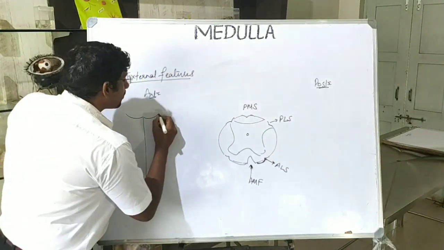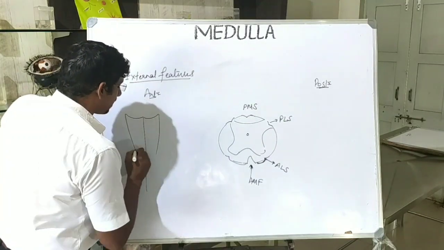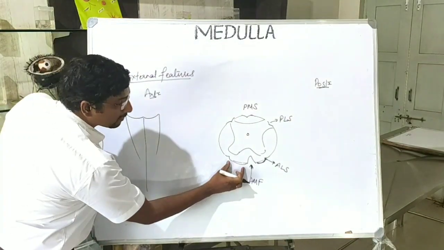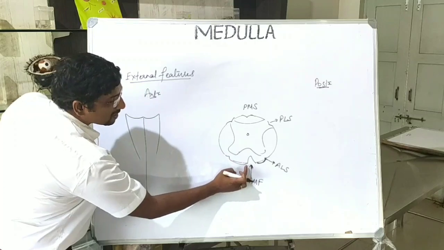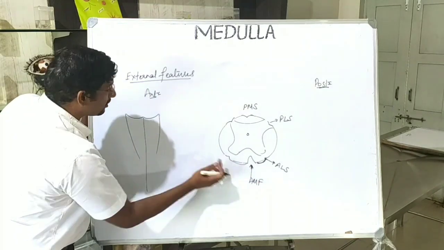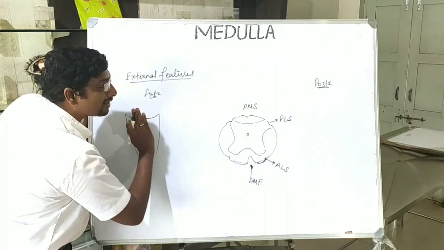Because of that, the upper part of this area, the medial side of the anterior median fissure, will become a little bit elevated.